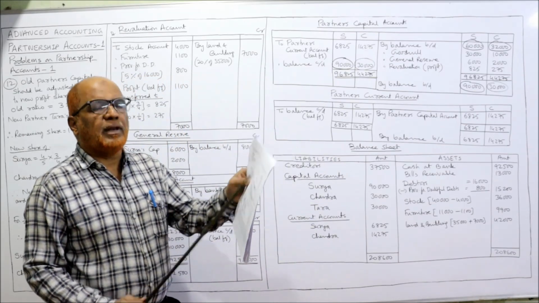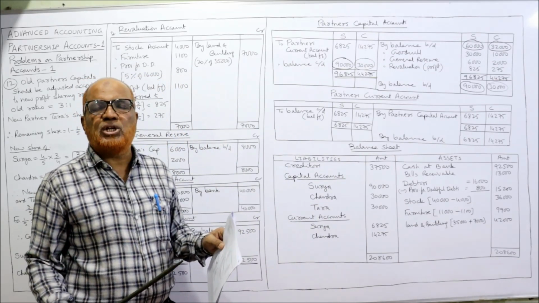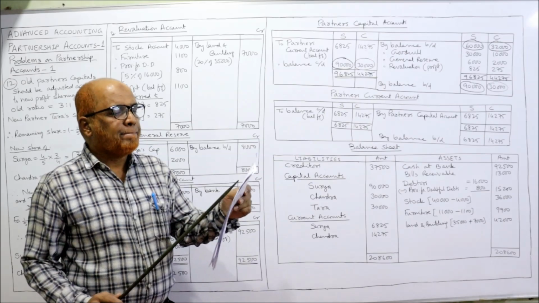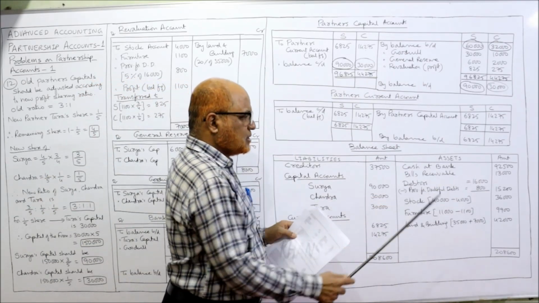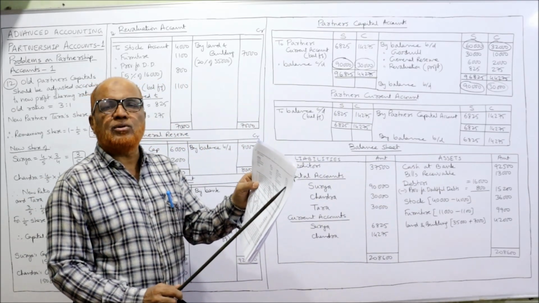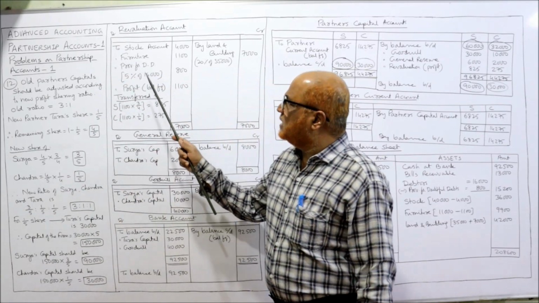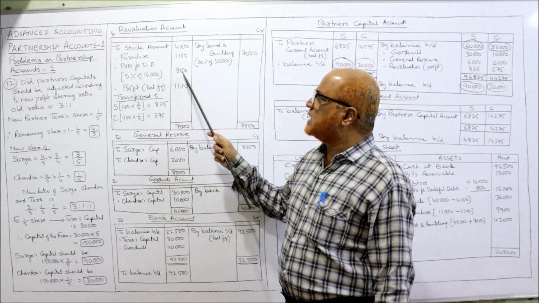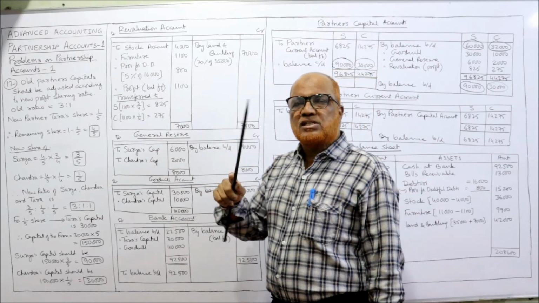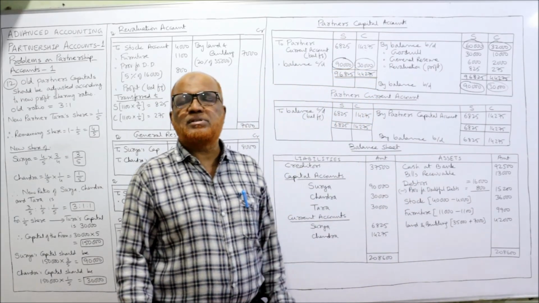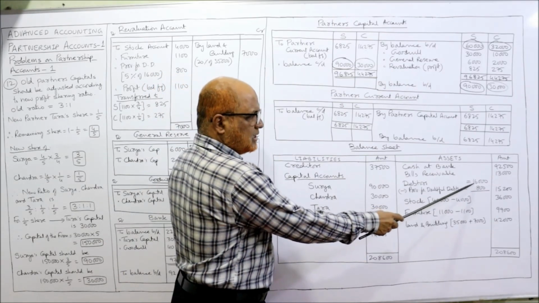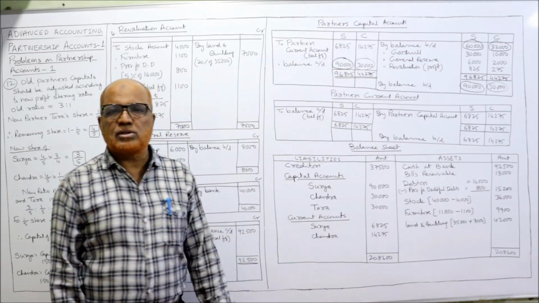Now bills receivable: we have not made any changes, so the same 13,000. Debtors are 16,000, but we have made a provision for doubtful debts of 800. So this 800 will be deducted from 16,000: 16,000 minus 800, 15,200.